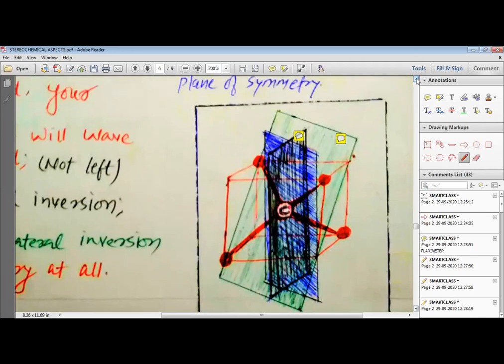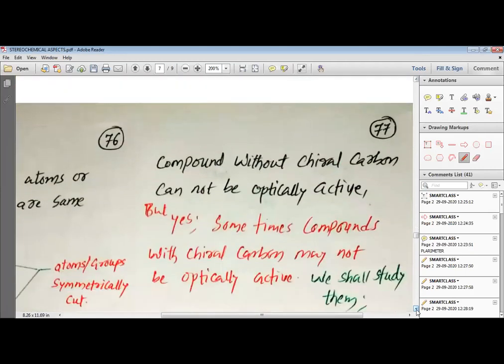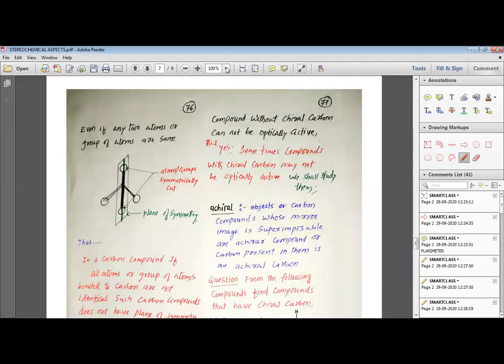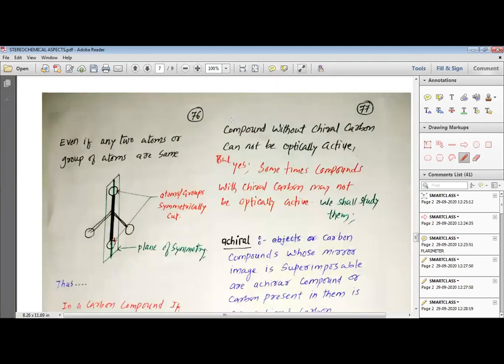So if any compound of carbon has a plane of symmetry, it is symmetric in nature. And if any compound is symmetric in nature, it cannot be chiral. So now let us try to understand chirality.